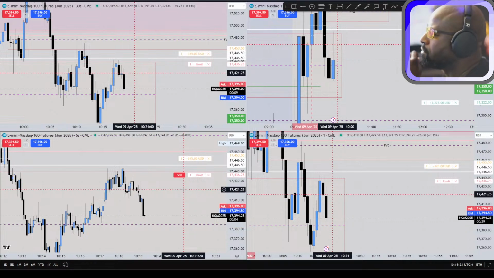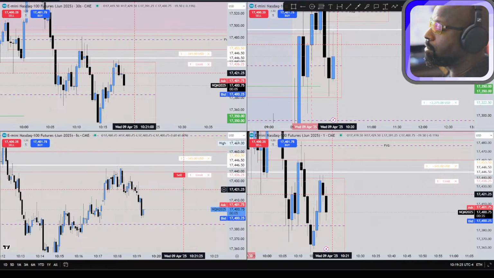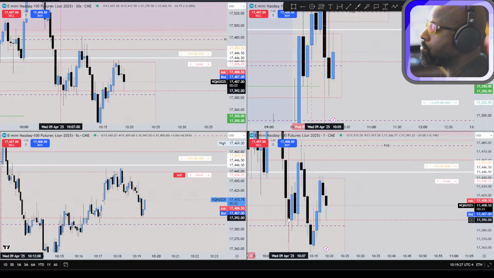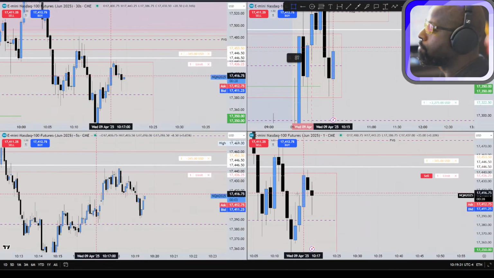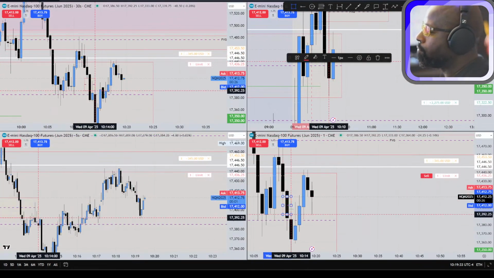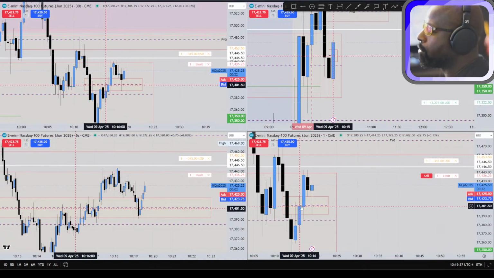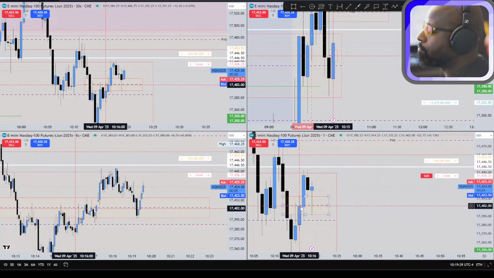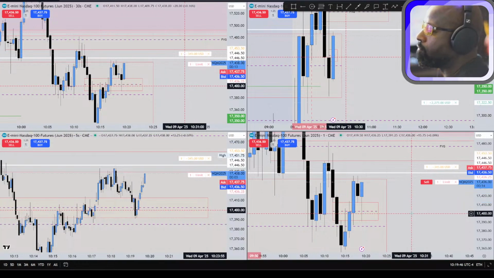I moved in to get the trade because I didn't want to get left out if it traded from this gap here. If it traded here, it put 2 wicks in. The body of that candle closed below the consequent encroachment of that gap. And then I was like, yes, I want to get involved.